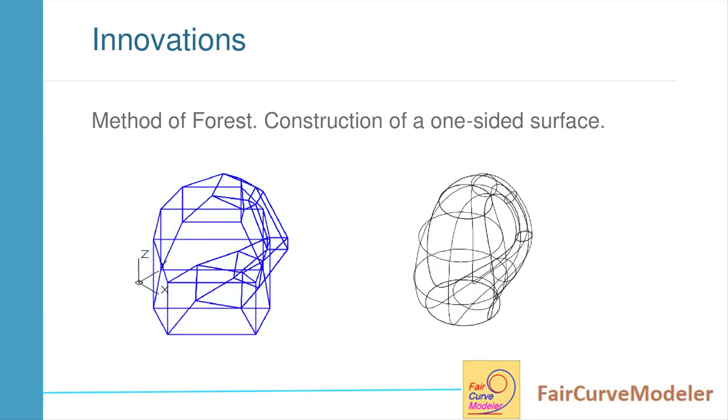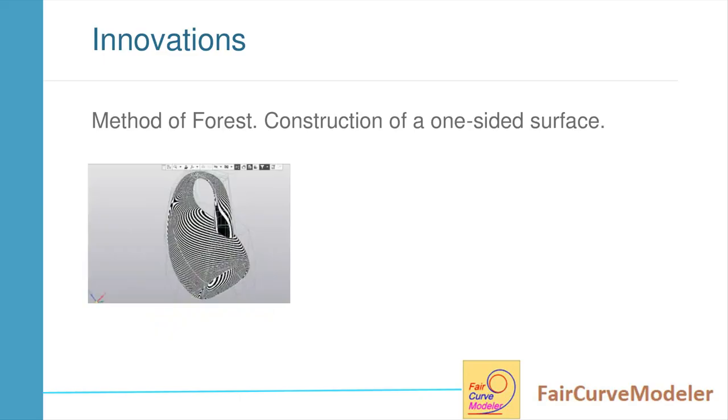The float format of S-frame allows the implementation of the Forest method in fair curve modeler. For example, when modeling a one-sided surface of the Klein bottle type. This example is the simplest, but it shows the efficiency of the method. The entire integral surface has the fifth order of smoothness, including the seam.